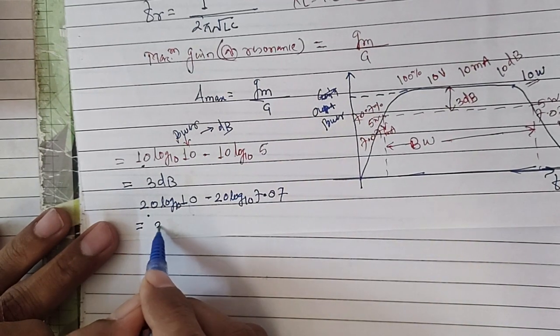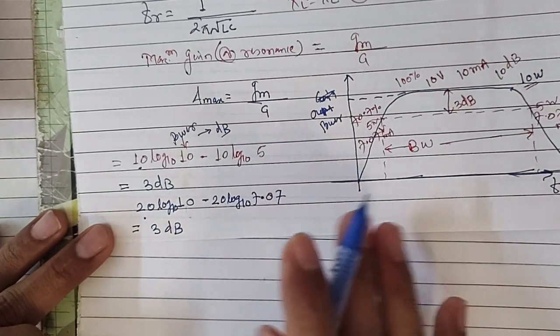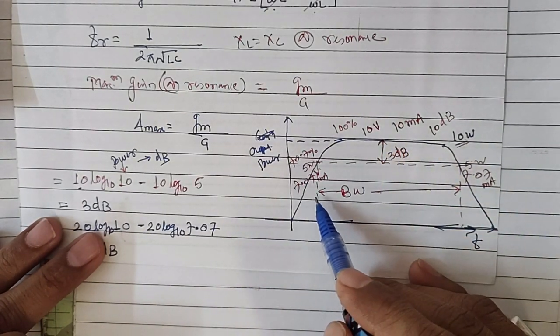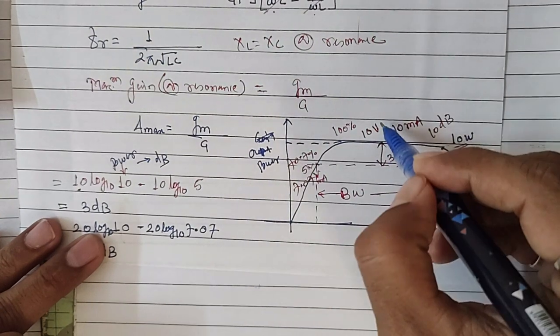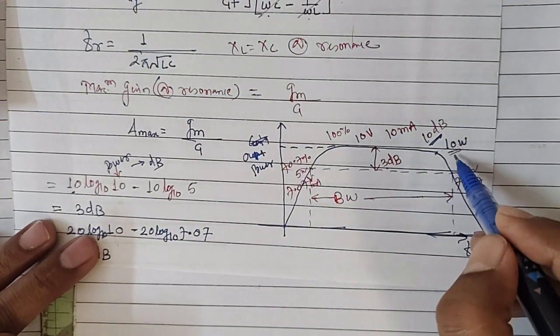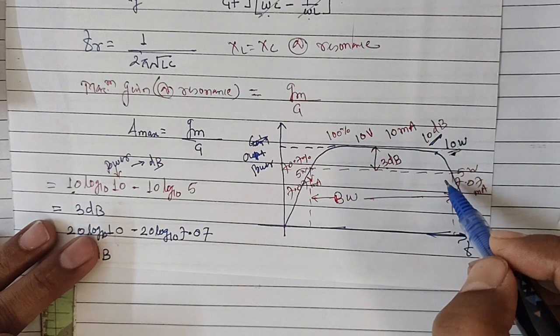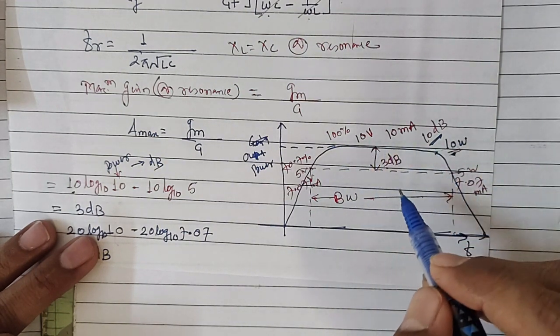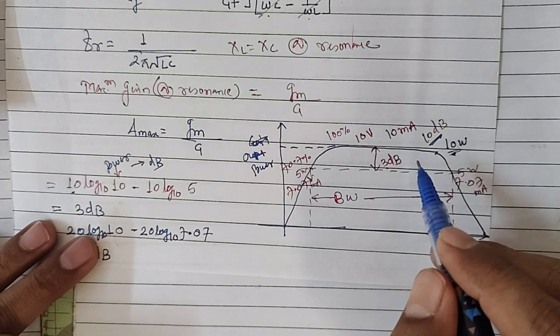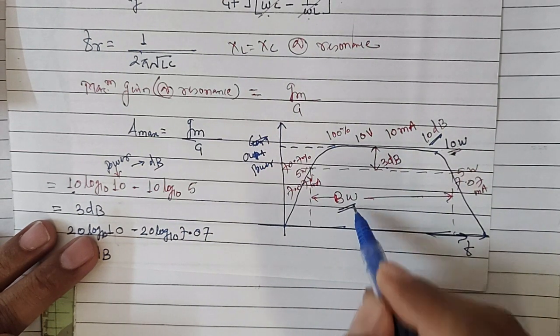Solving this, it will again give you 3 dB down. So for voltages or current it is 70.7%, that is divide by root 2. If you have dB value, it is 3 dB down, and if you have power, it has to be half power. So all these things are saying the same story while determining bandwidth.